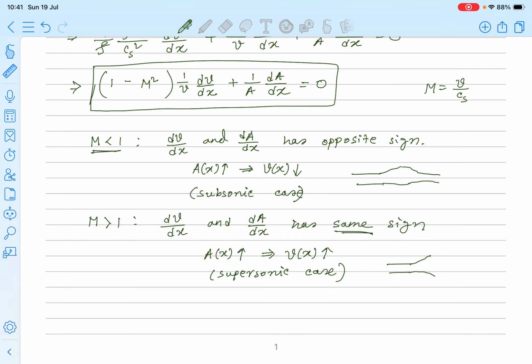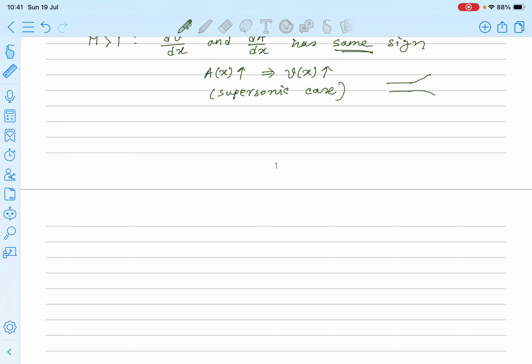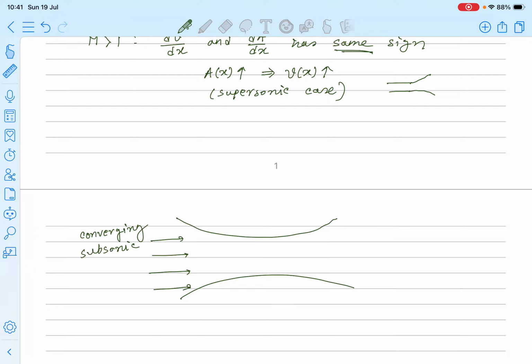Now think of a nozzle like this kind of pipe where the cross section is varying. Here you have converging subsonic flow, and for subsonic flow Mach number is less than 1.